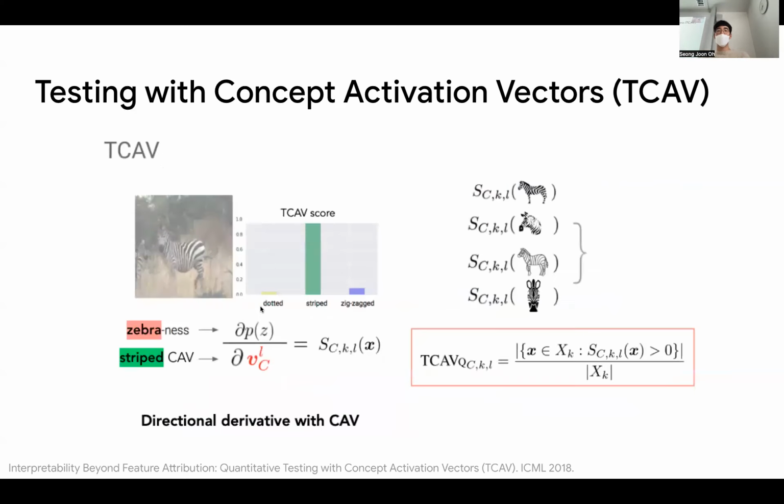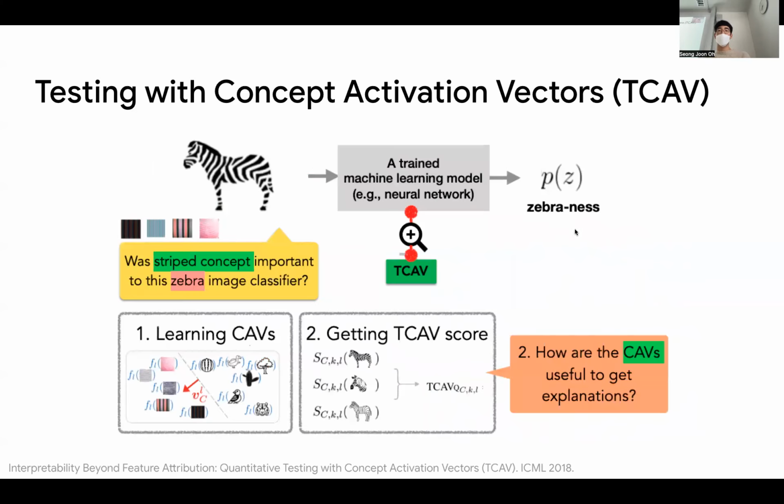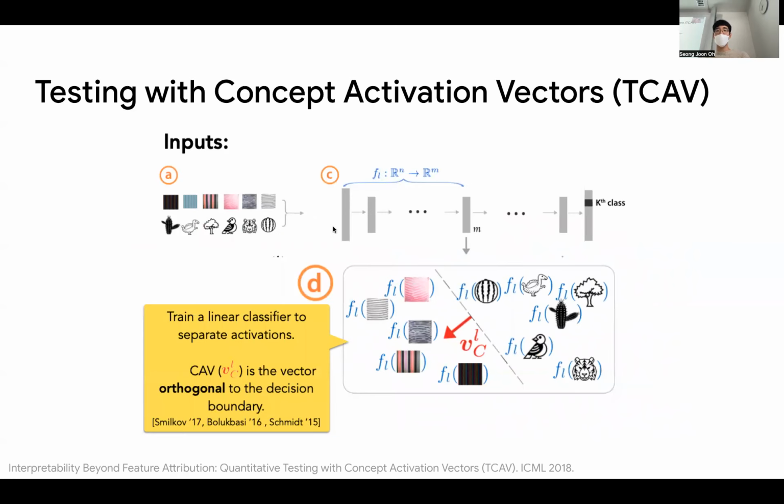Now, I wish there was also a figure here, but what you're doing is taking the derivative of the final prediction with respect to the concept vector. So here you give an input X to the network, and then you pass it all the way through the network and get the prediction.